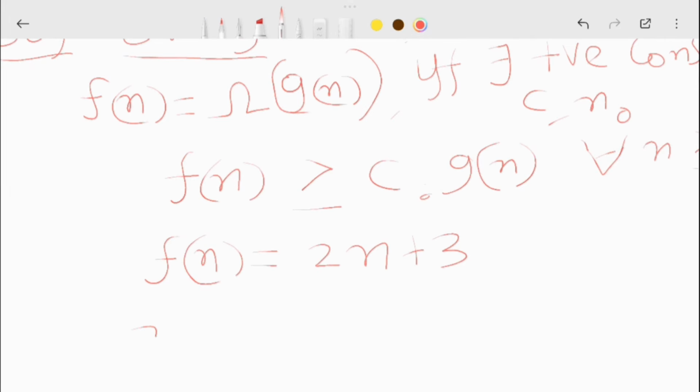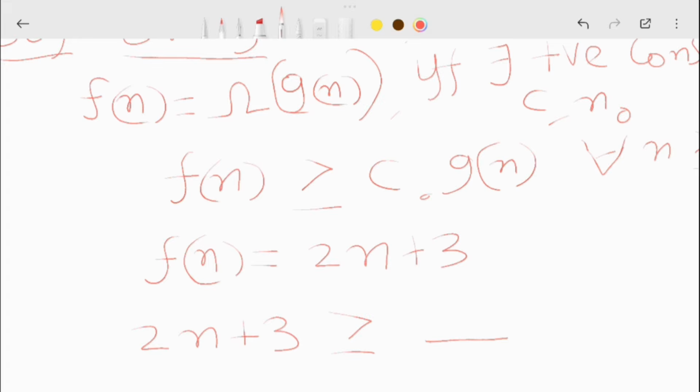So here f of n is 2n plus 3 and we need to find some values of c and n0 in which this 2n plus 3 should be greater than or equal to that c into n0 values.